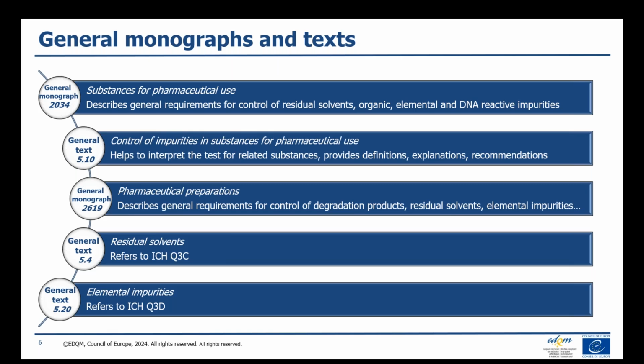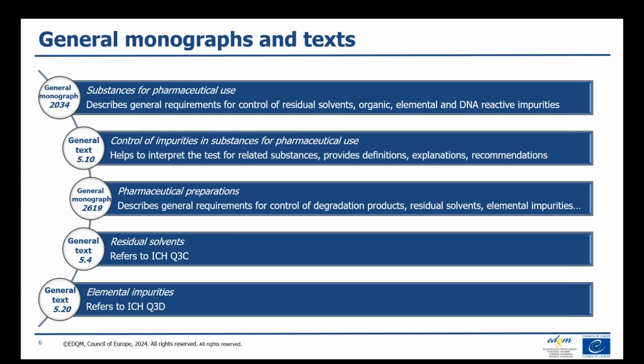Then there is the general monograph 2619, which is the monograph on the pharmaceutical preparations. This text describes the general requirements for the control of degradation products, residual solvents, and elemental impurities. Then we have a general text 5.4 on the residual solvents, which is more or less a reproduction of ICH Q3C.